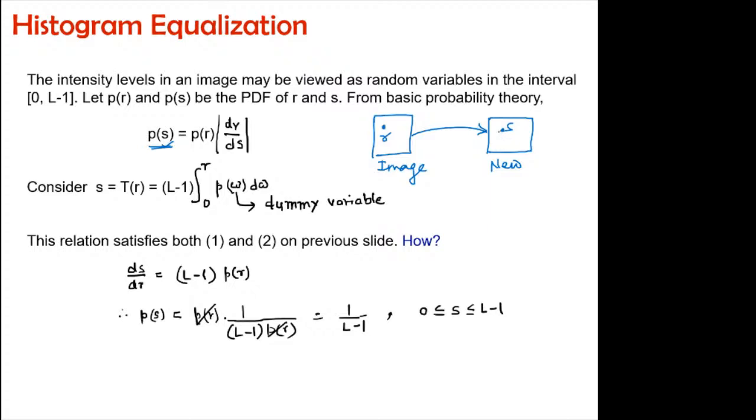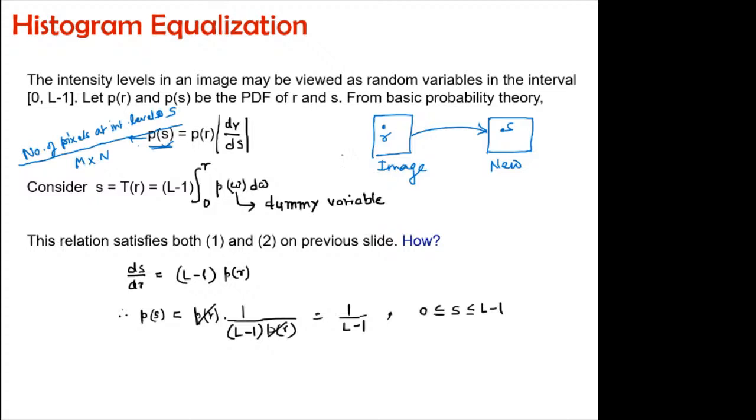You know, probability is how many pixels are there at this intensity level divided by the total pixels in the image. That is called the probability. So PS means the number of pixels at intensity level S divided by M into N.